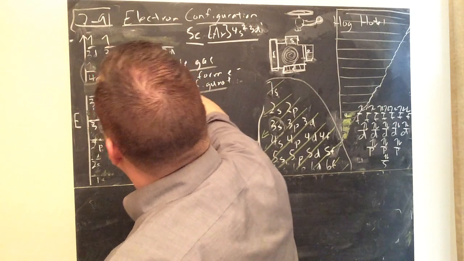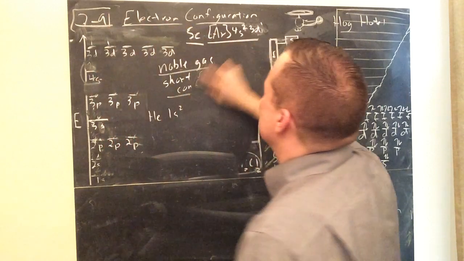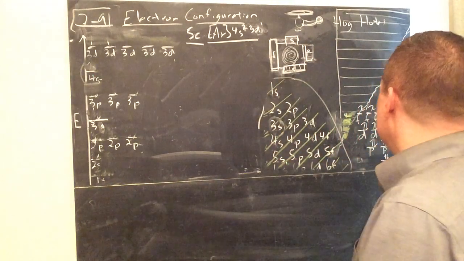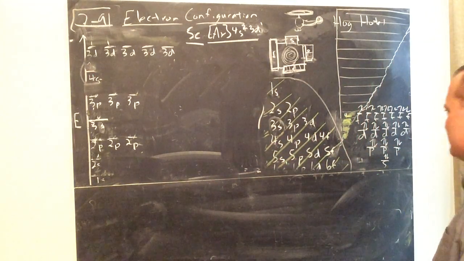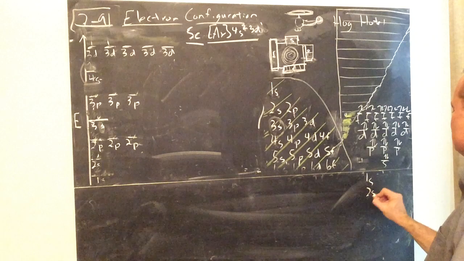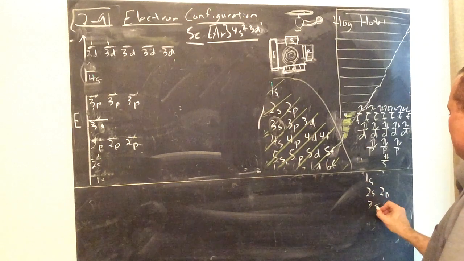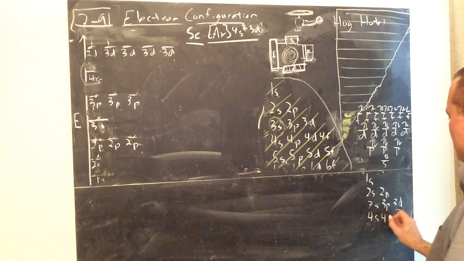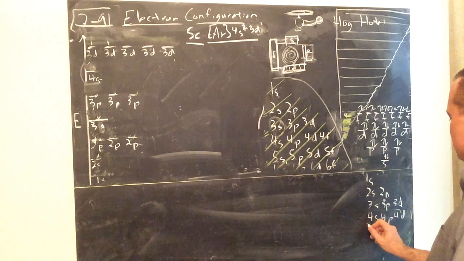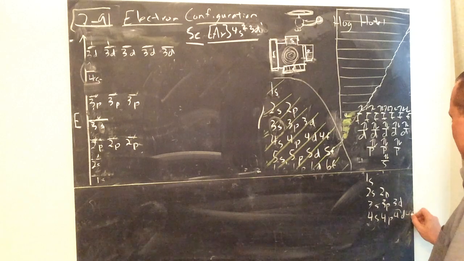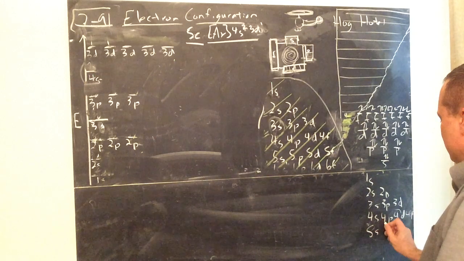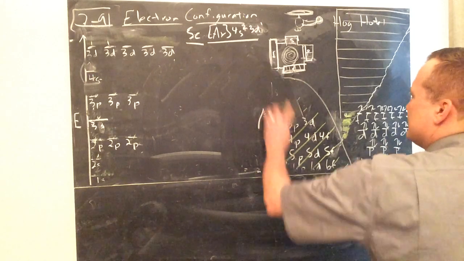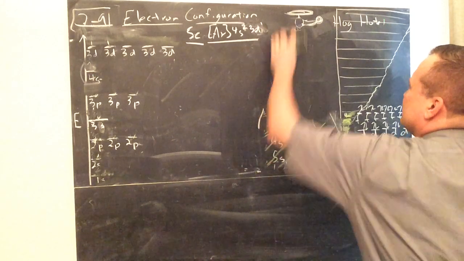But you should know the order of the hotel rooms, how they're all organized. So I have a little space here: 1s, 2s, 2p, 3s, 3p, 3d, 4s, 4p, 4d, then 4f, then 5s, p, d, f. It went kind of messy there, but it'll give me more space here.